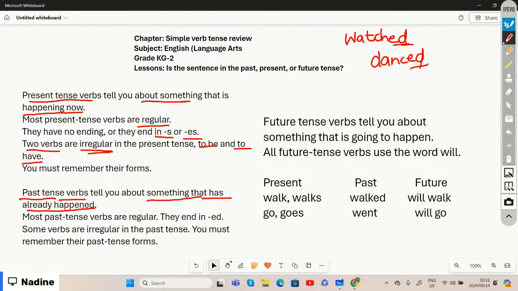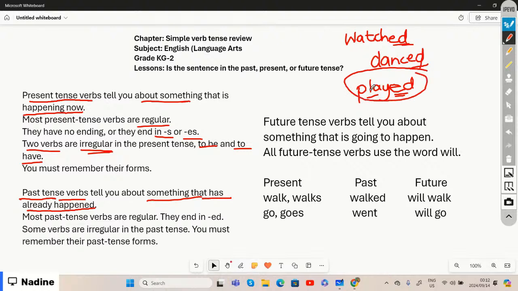These are regular verbs in the past, because all you do is you have your word, for example, play, but to show that you did that in the past, you were playing a game in the past. So now I play, but in the past I played. So you just add an ed to show the past tense verb. That's a regular past tense verb.